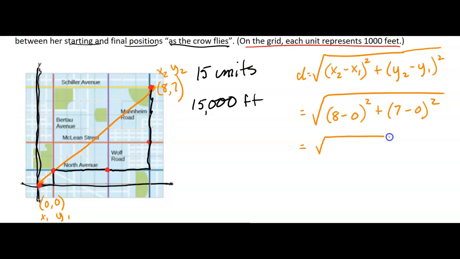So what's that going to be? 8 squared plus 7 squared, which is going to be 64 plus 49, the square root of 113. Okay, now I don't know what that number is, but I can get a calculator and do an approximation.